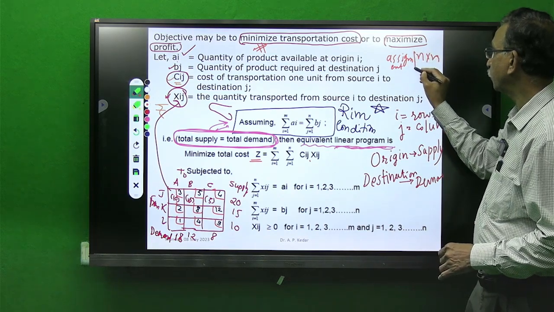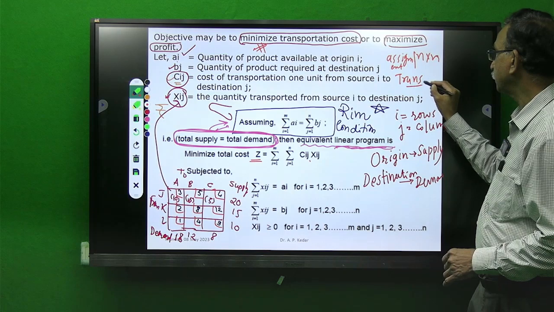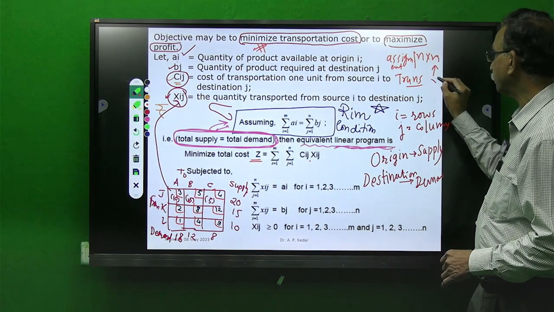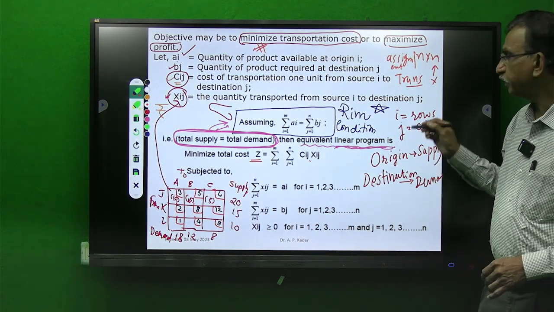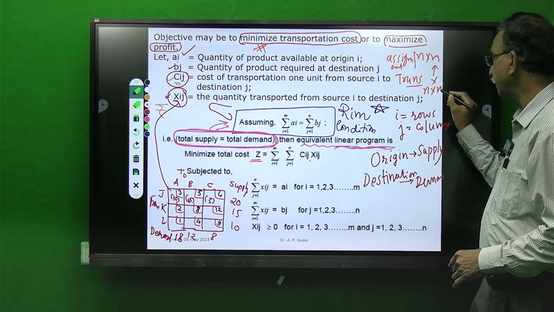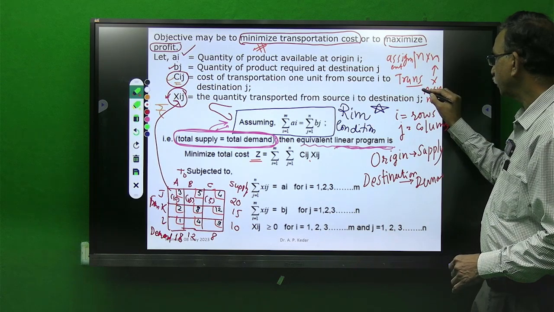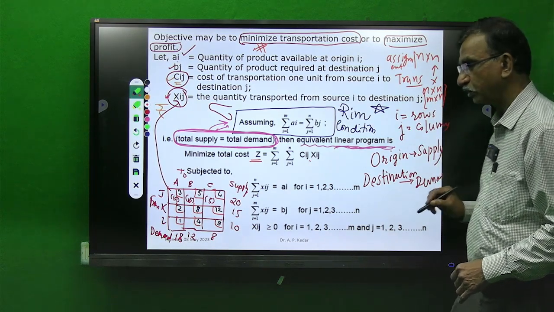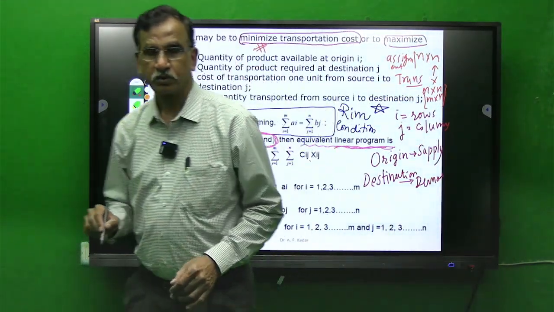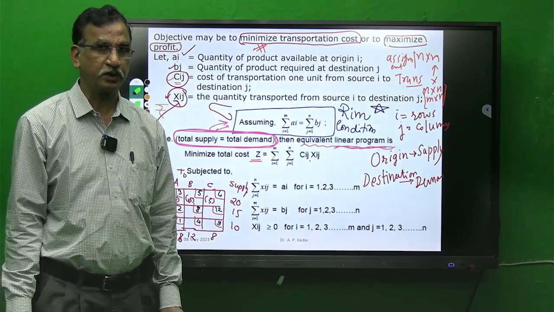But for transportation this is not required. It can be n by n or it can be m by n. Both square and non-square matrices suffice.